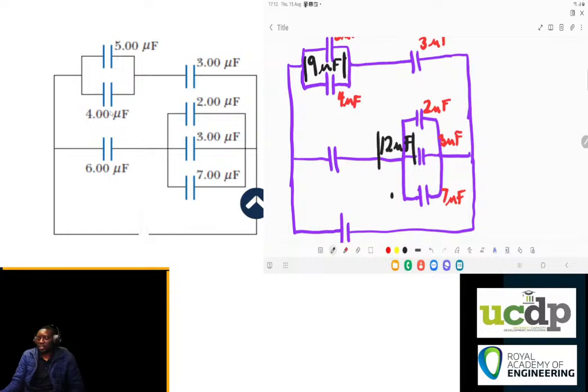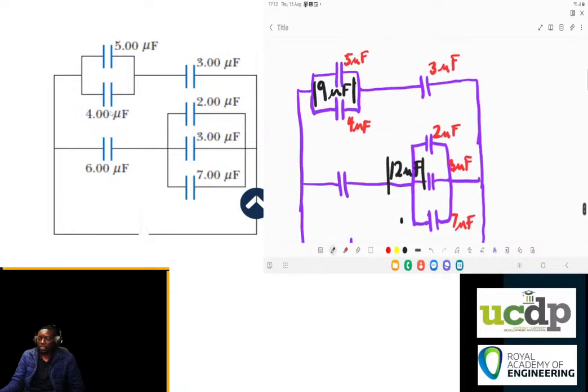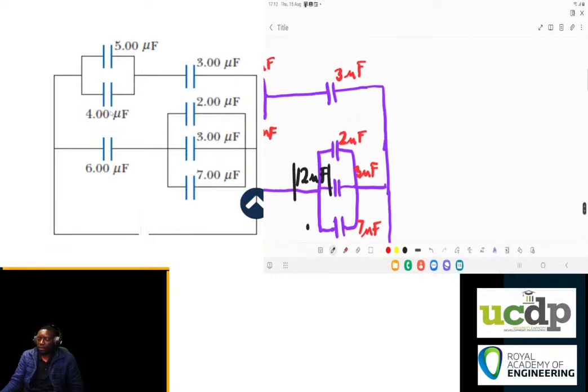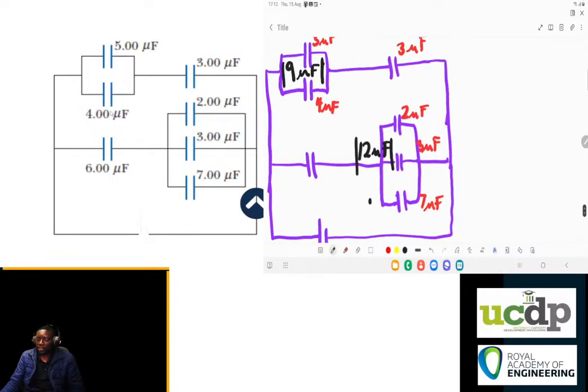So now what next? What will be the next thing to consider there? Then you can add the ones that are connected in series first.